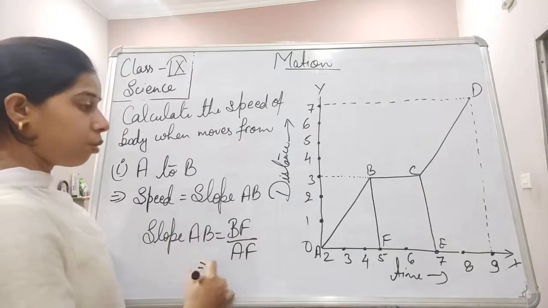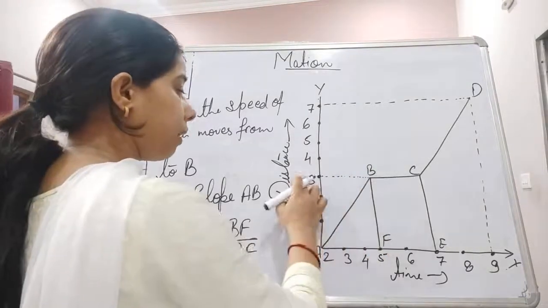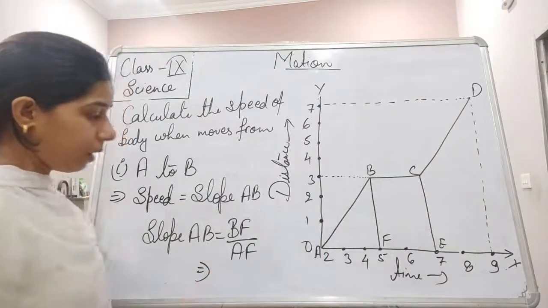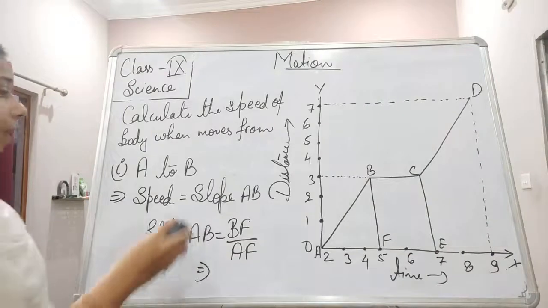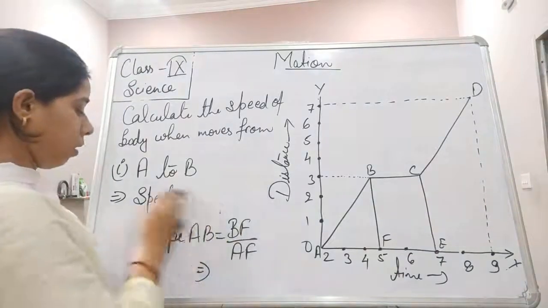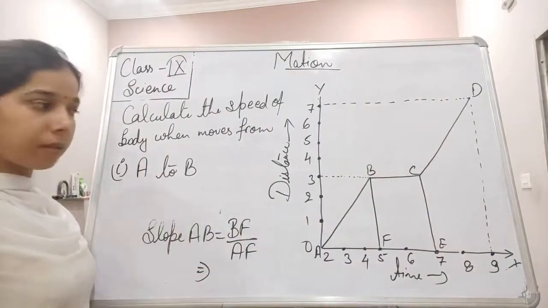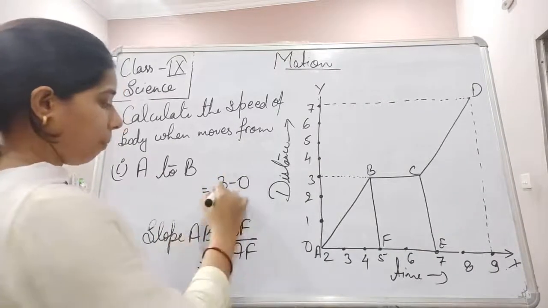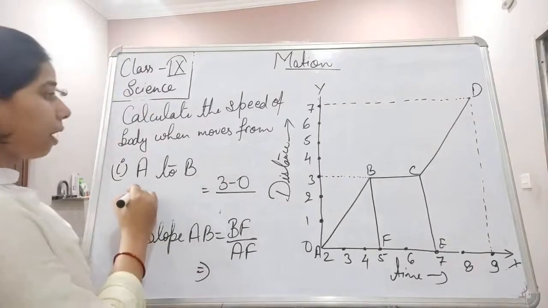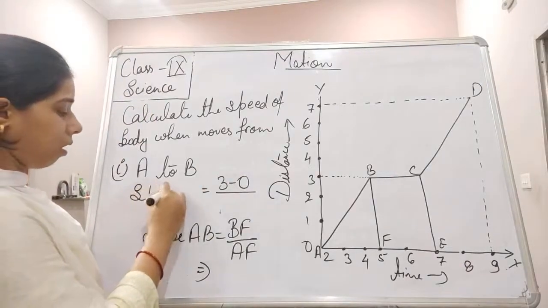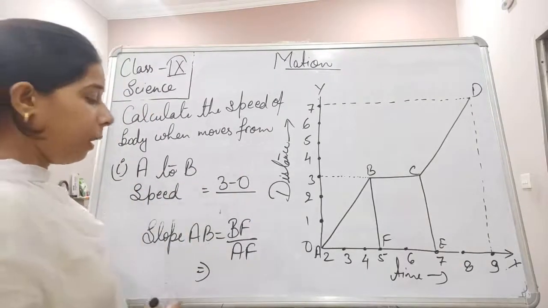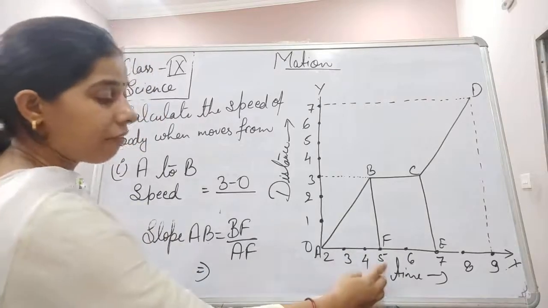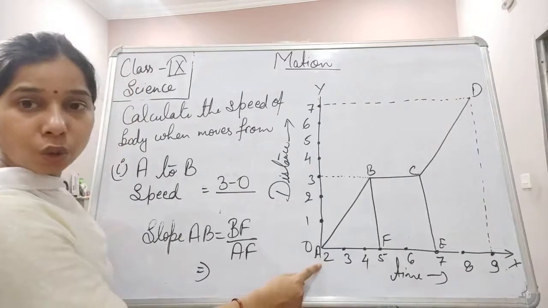So BF is equal to what, student? 3 minus 0. So this will be equal to 3 minus 0 upon AF. This AF is 5 minus 2.